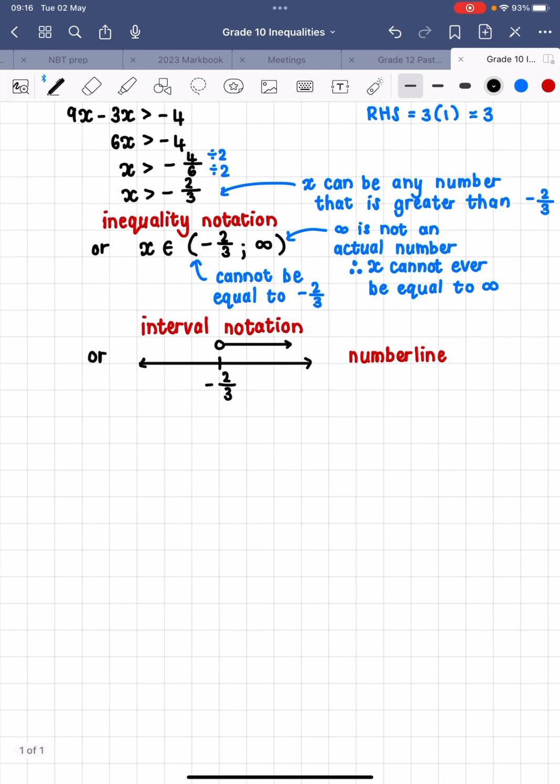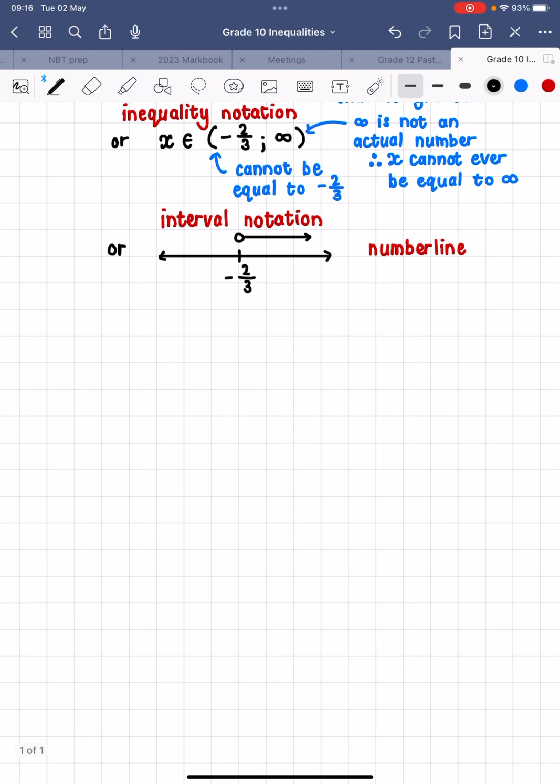Okay. Let's look at another one, number 2. Oh, sorry, that should be a minus.